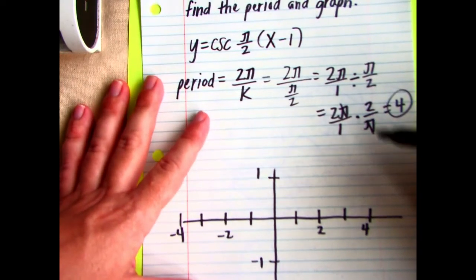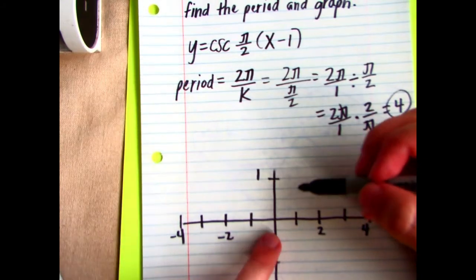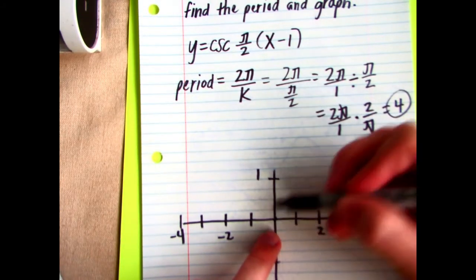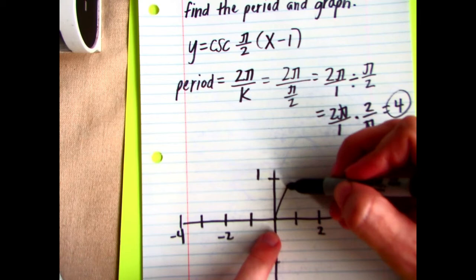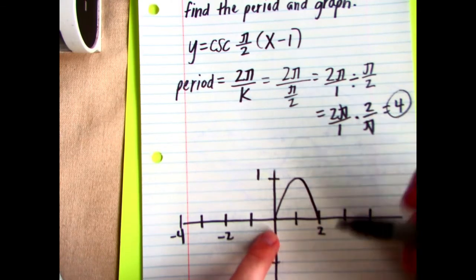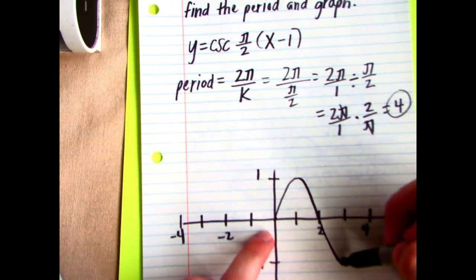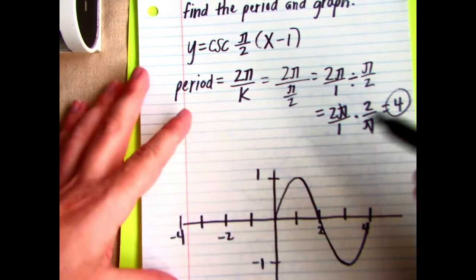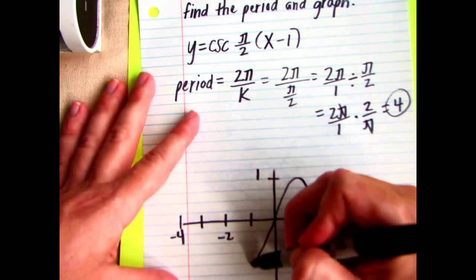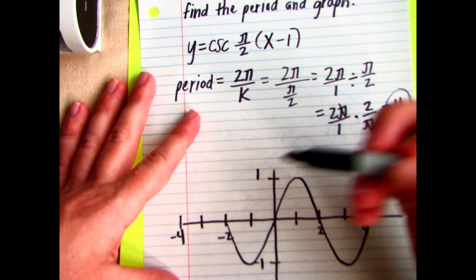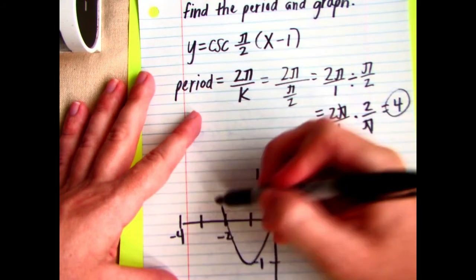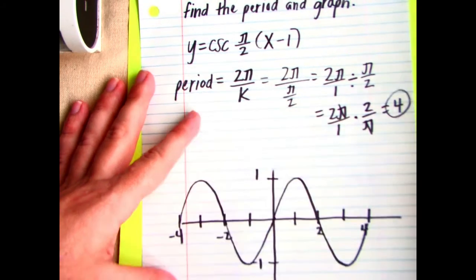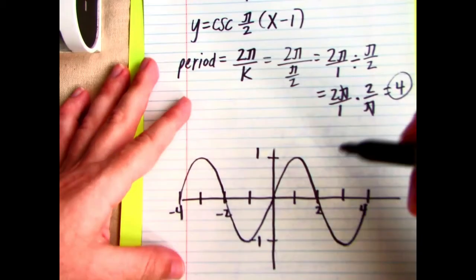Well, my sine graph starts at 0, 0. If there is no phase shift, sine starts at 0, 0. And basically I'm just going to make it so that one complete wave happens in 4 units. Same thing on the left side here. My period is 4, so one full wave in 4 units.